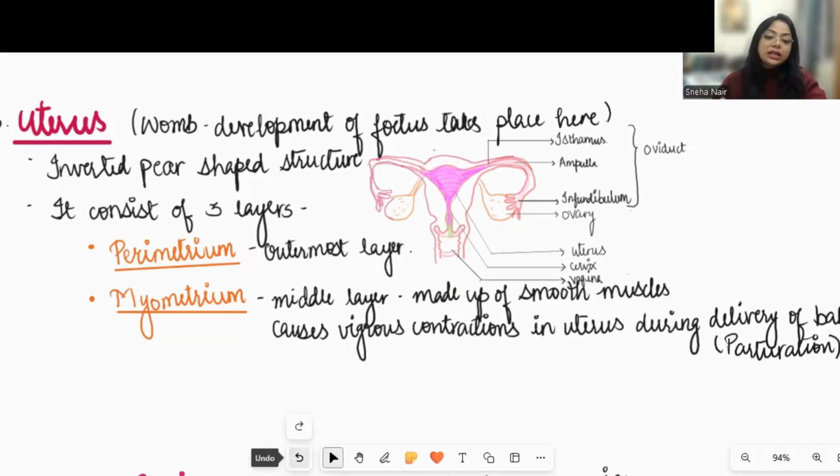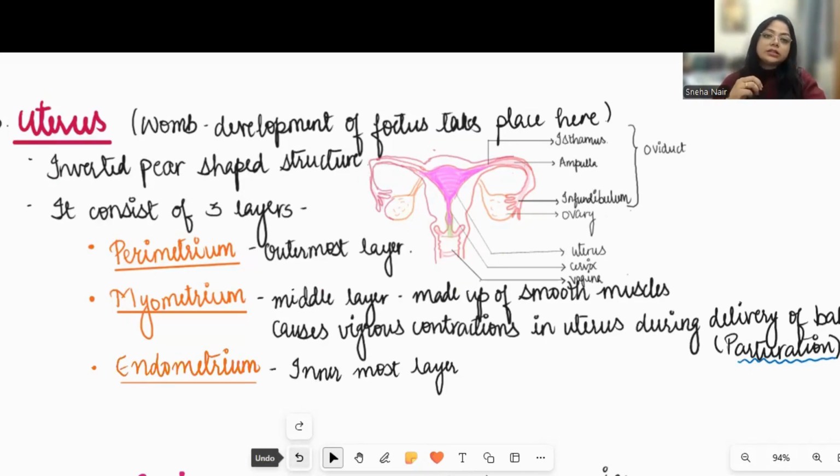Now the next layer is the endometrium. The endometrium, which is the innermost layer, undergoes changes throughout the month. Now in females, the menstrual cycle takes place.